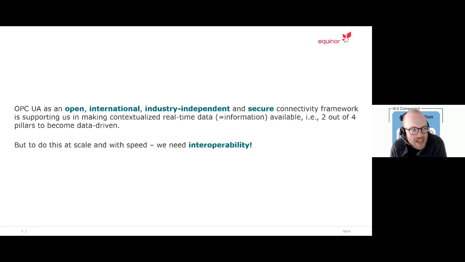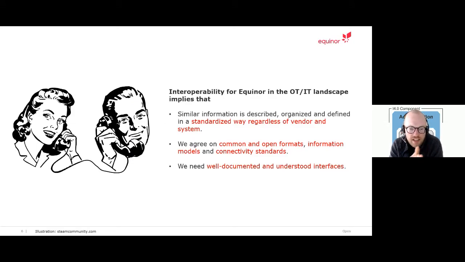So OPC UA, as an open, international, industry independent and secure connectivity framework, as I mentioned, is supporting us to make real-time information available, which is 2 out of the 4 pillars to become data-driven. But to do that with scale and speed, we need interoperability. And our facilities today are heterogeneous, meaning that we have many assets delivered by many different vendors, delivering software and hardware on the same facilities and across facilities.